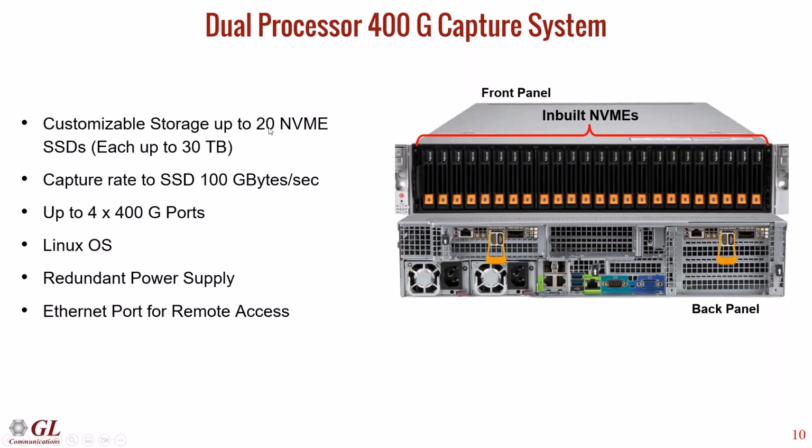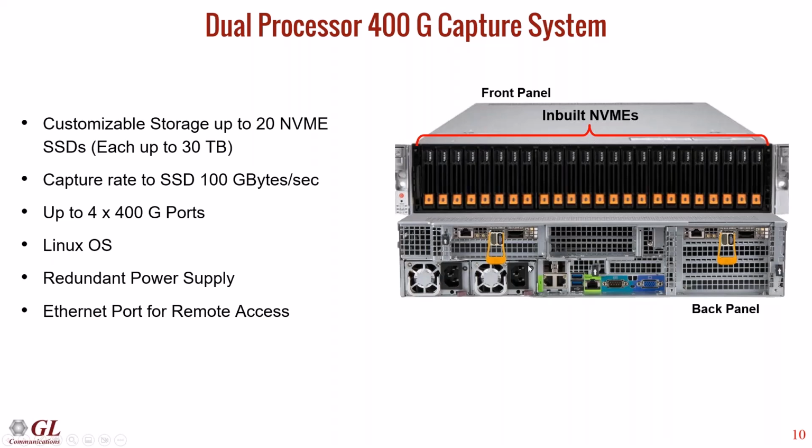Okay, so we can actually go up to 20 of these NVMe SSD drives, and each can hold 30 terabytes. So that's how much storage we can pack into the system. We can capture at a total rate of 100 gigabytes per second. We're capturing again on multiple ports. This is a Linux-based operating system.